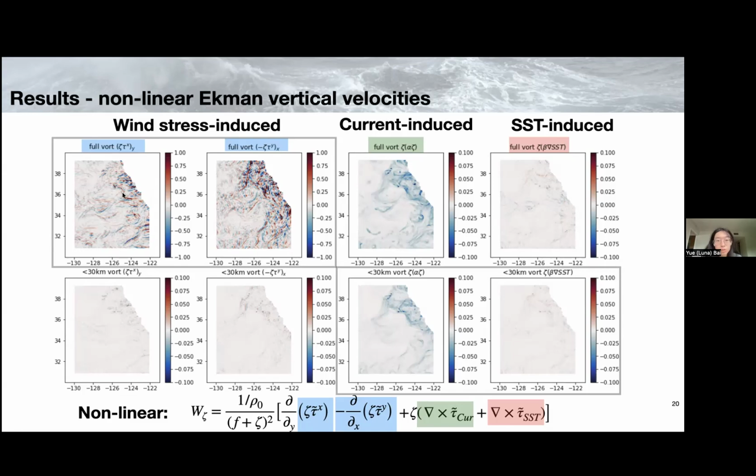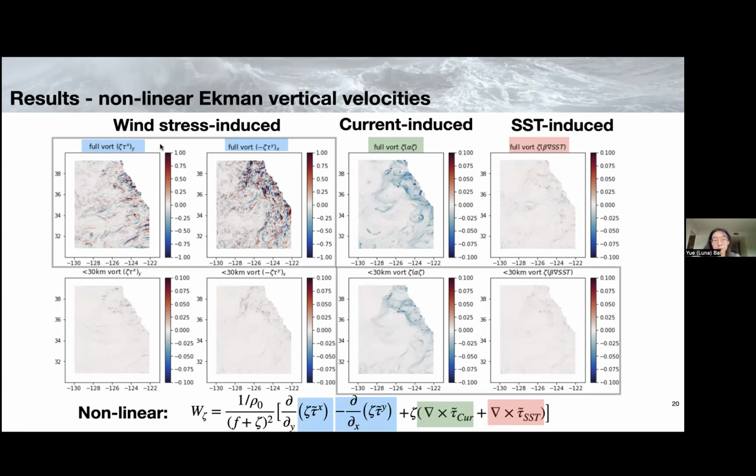On the top row, we are computing all of those fields with the unfiltered, or full, fields. We can see that at every scale in the simulation, the nonlinear Ekman vertical velocities are very much dominated by wind stress induced components. The first two components involving tau x and tau y are very, very big. This is not very surprising if you recall the tau x and tau y snapshots that we showed before, which are very strong, especially at unfiltered scale.